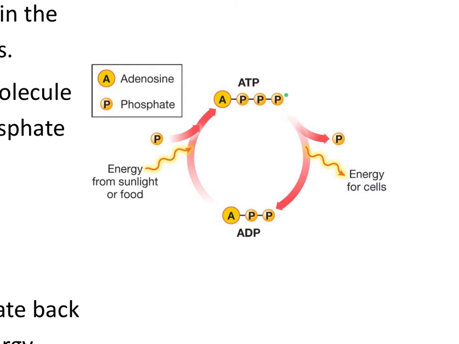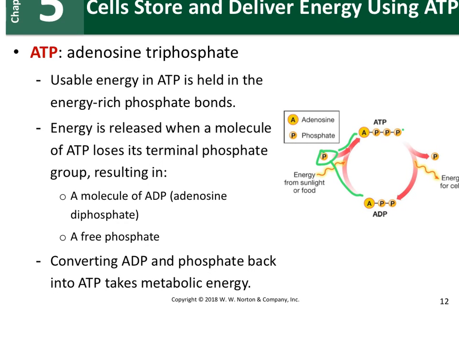Now you've got ADP, which is diphosphate. Now, if you add energy to this reaction in the form of sunlight, you can make an anabolic reaction by adding a phosphate to the group, in other words, to this group. But you need an outside source.